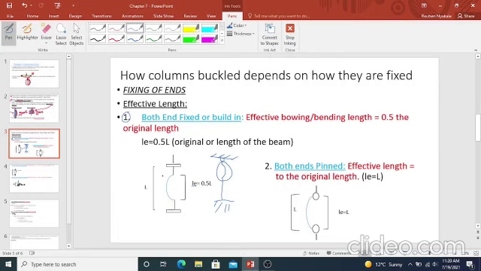Now you can tell that when both ends are being fixed, the beam will be affected at the center, because we are told that effective length equals 0.5 of the original length.